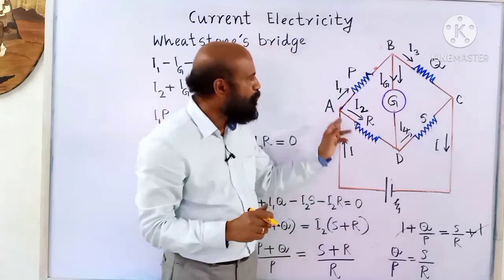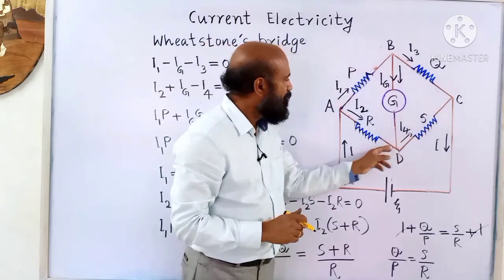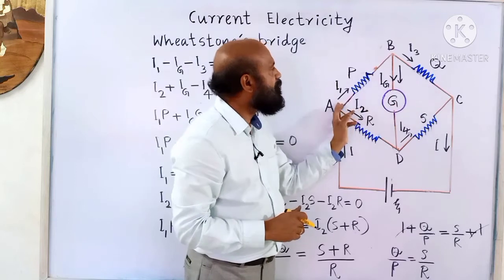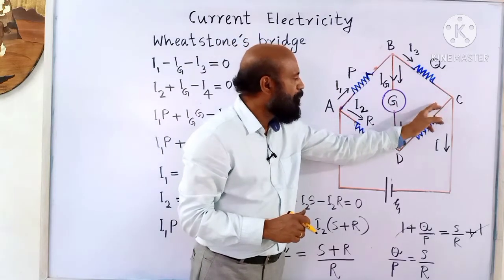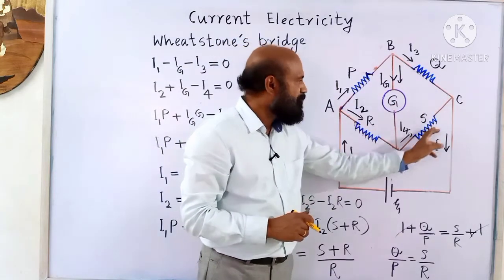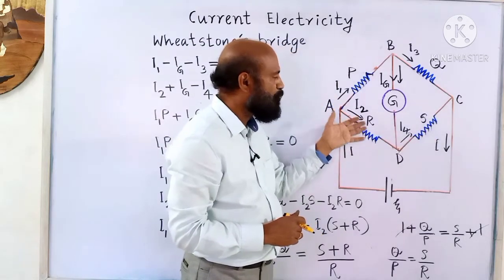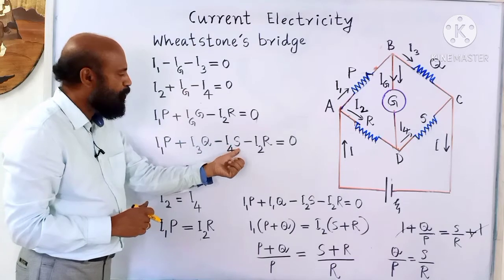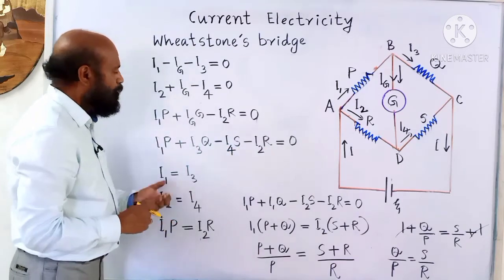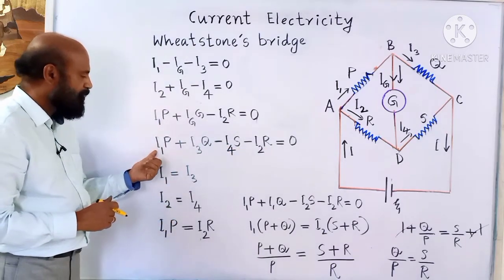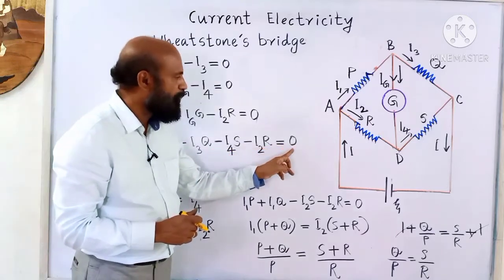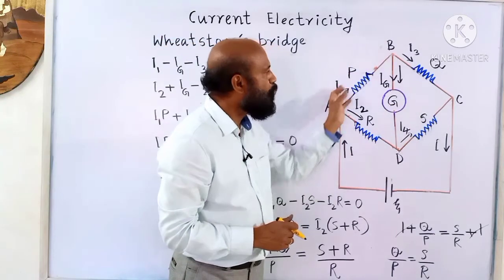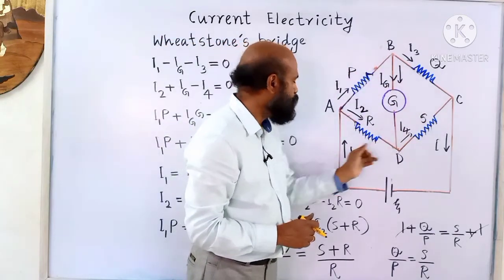Or imagine you are walking: here and here the current is in the same direction as you are walking, but here and here it is the opposite, so it is minus I4S minus I2R. The algebraic sum of the product of resistance and current is equal to the algebraic sum of the EMF. In this circuit there is no EMF, so 0.